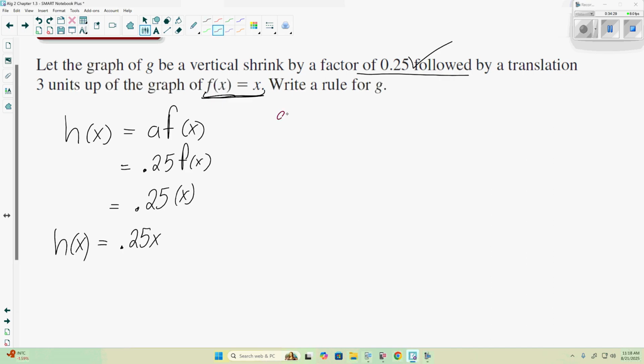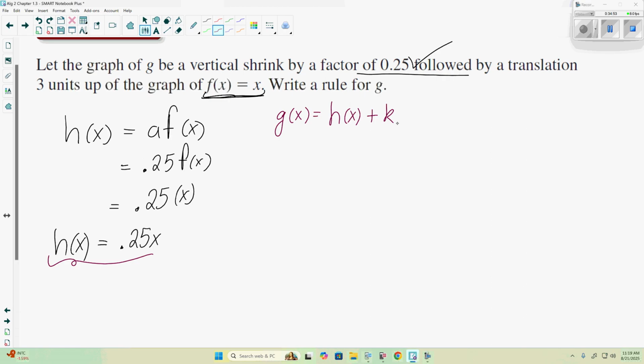So our final function, we'll call it g of x, is equal to, because we're moving this function up 3, yes? So we're taking the function h of x plus k. Because again, f of x, h of x, g of x is just a way to name the function, yes? We're not wanting to apply it to f of x anymore.